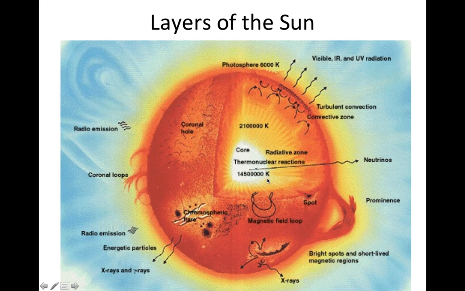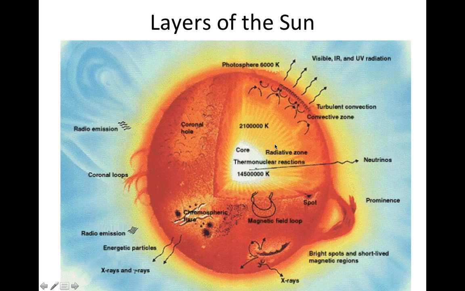Here, this other graphic of the layers of the sun has information about the temperatures. At the core it is 14.5 million Kelvin, and that is the area where the thermonuclear reactions occur.